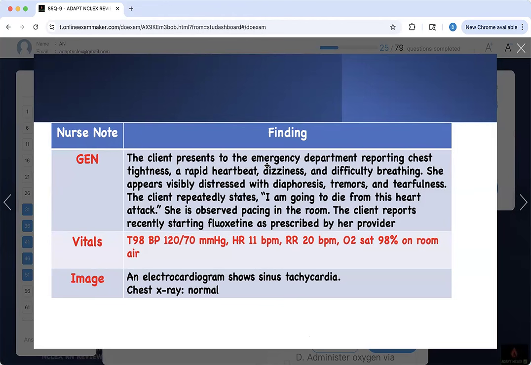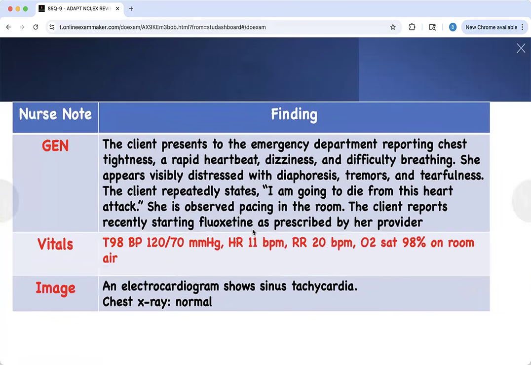She's observed pacing in the room. The client reports recently starting fluoxetine as prescribed by the healthcare provider. Heart rate should be 110, 120 over that. So these are all the patient's vitals. Echocardiogram is normal and chest x-ray is also normal. What do you think is going on with them?